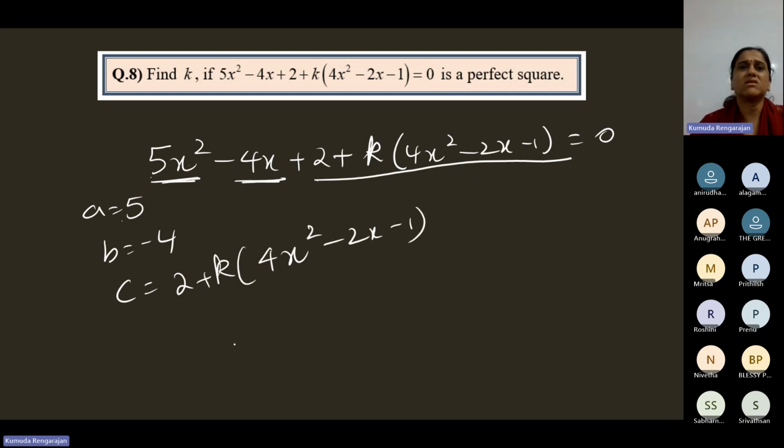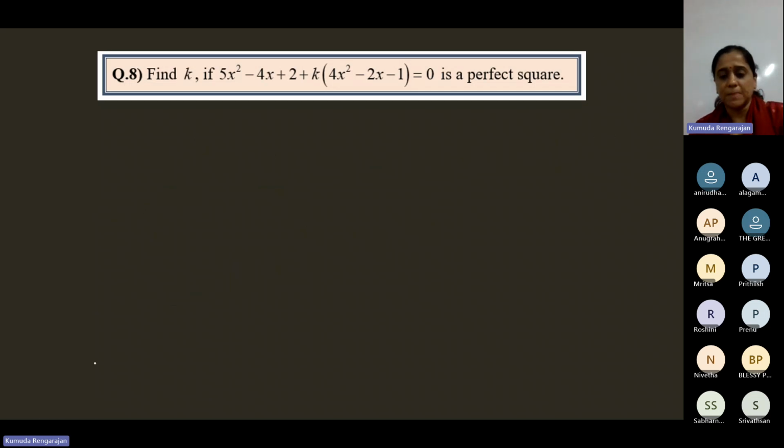You're wrong. The constant c cannot have x squared or x in it. C can have any letter, a, b, c, d, whatever, but it cannot have the variable x squared or x in it. Do we understand that? So we have to open this bracket here.